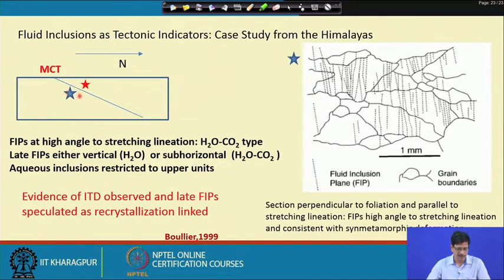So, here mostly the FIPs that were taken were H2O-CO2 type, and the late FIPs were on the vertical fluid inclusion planes.